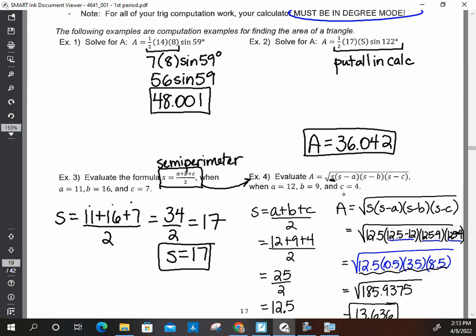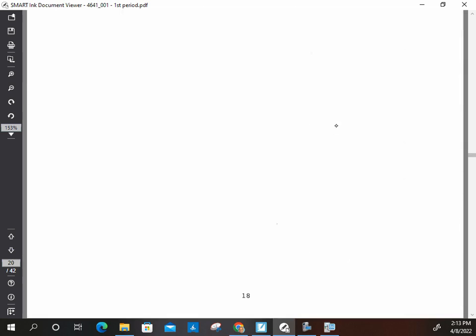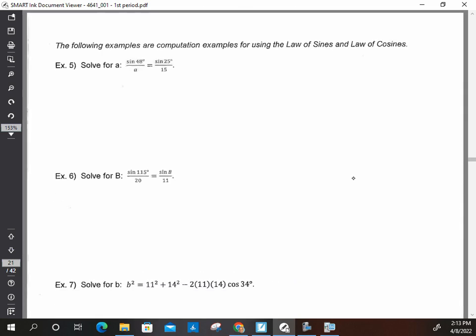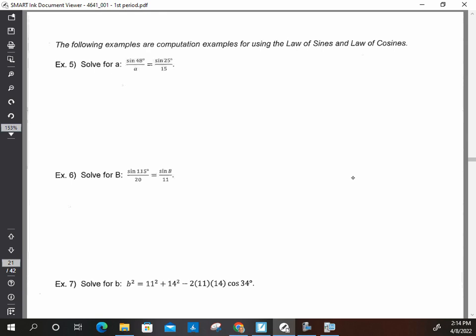So the second half of this lesson involves the computation that you need for law of sines and law of cosines. Law of sines and law of cosines are 2 other ways to find sides in a triangle. You use these when you do not have a right triangle. So again, there will be formal lessons with this, but we're going to go ahead and do the computational work now.